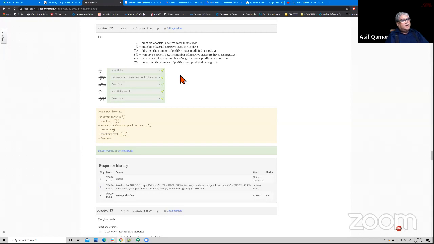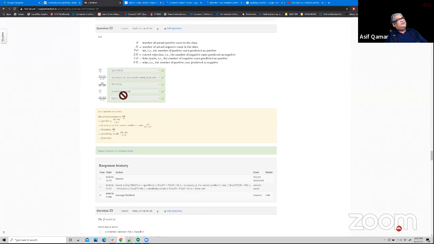Accuracy is how often it is correct. Precision is the true positive over true positives plus false positives. And recall is true positive over positive. In other words, what proportion of the positive cases were actually marked positive? Specificity is the opposite of recall, guys.